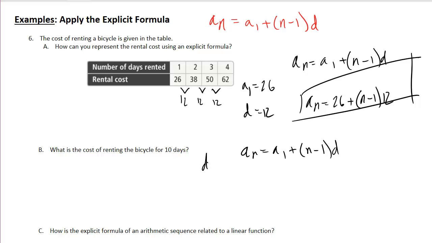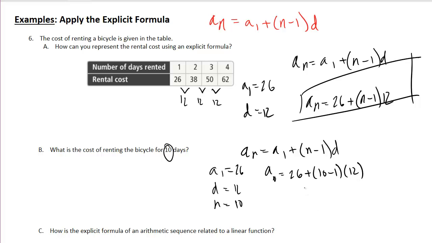Well, I know that a sub 1 was equal to 26. I know that d was equal to 12, and I know that n, the term number I want, is right there, 10. So now we just substitute. So a sub 10, because I'm evaluating for the 10th term within that sequence, is equal to the first term plus the term number less 1 times the common difference.